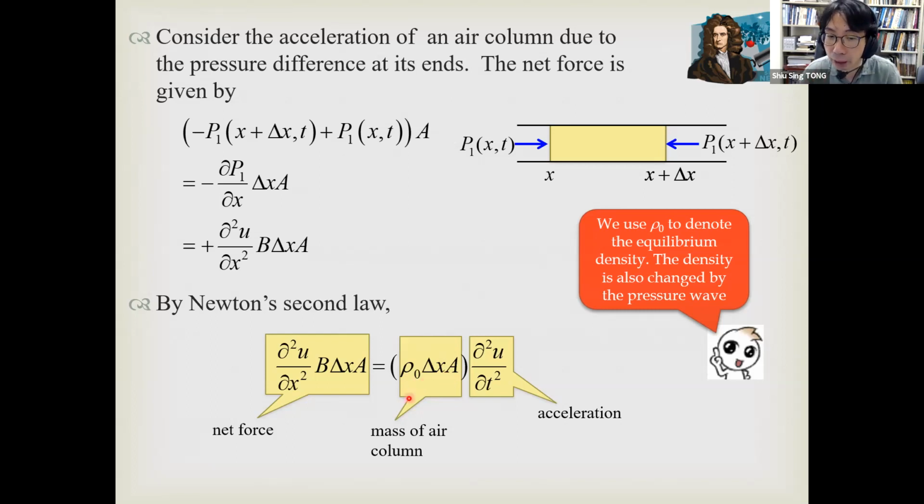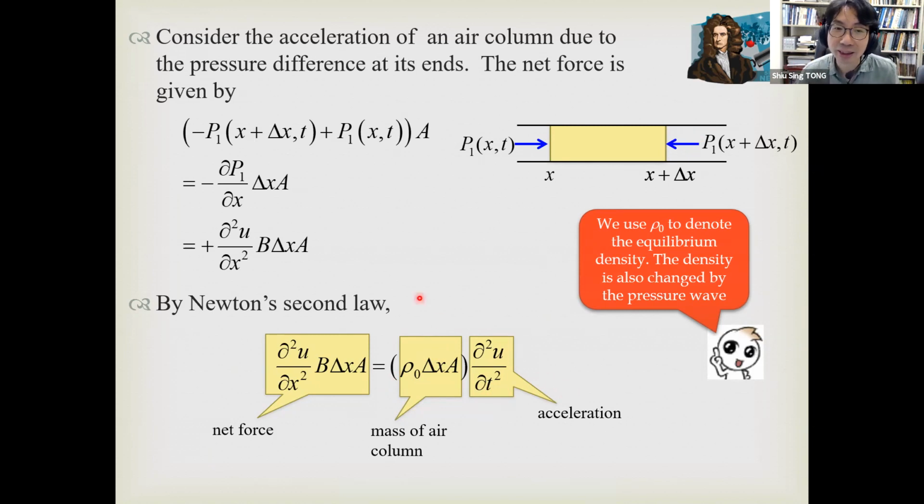And the acceleration is given by ∂²u/∂t². It is simply the second derivative of u with respect to time. It is the acceleration of the whole column. So it is a simple application of Newton's second law, but to a continuous medium.